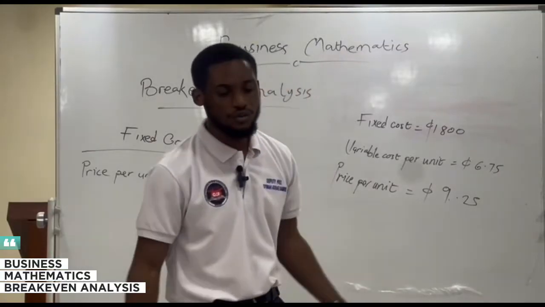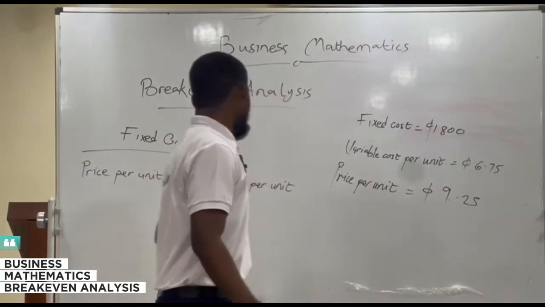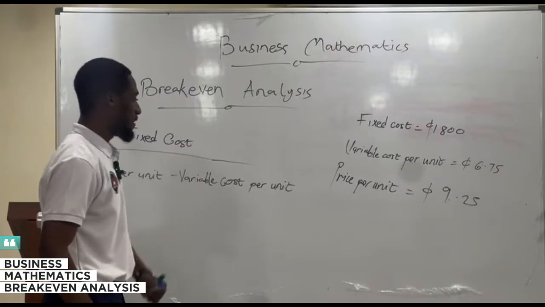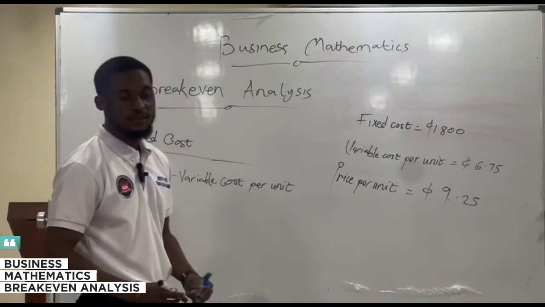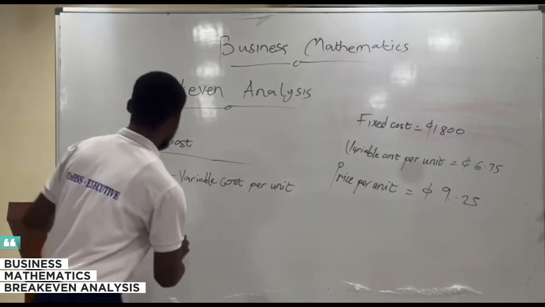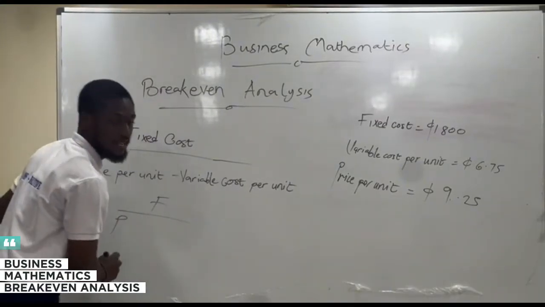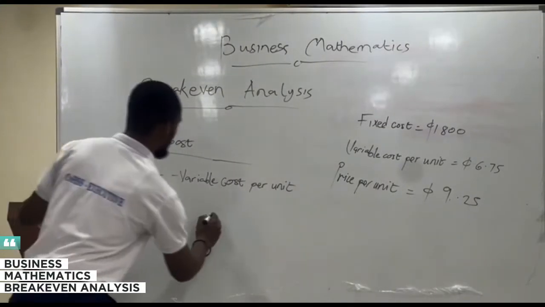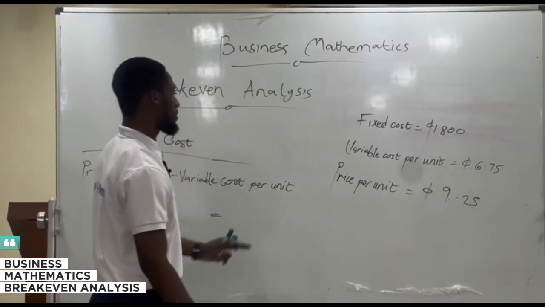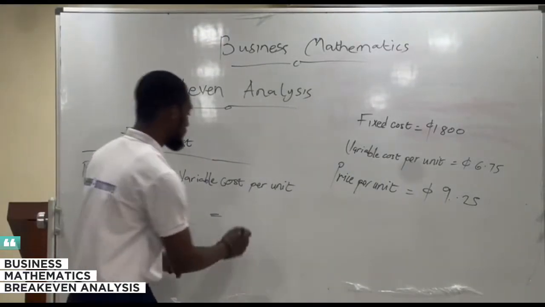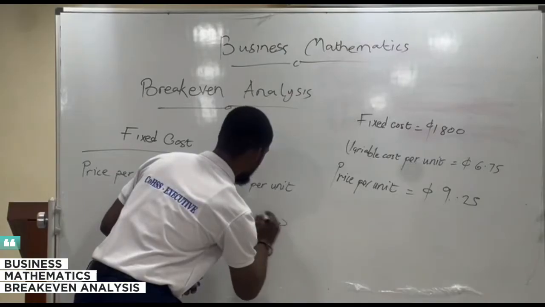So now what do we do? We state our formula. We already have our formula here. So in short terms, you can represent this as F over P minus V. So we have our fixed cost being F here to be 1,800 cedis.